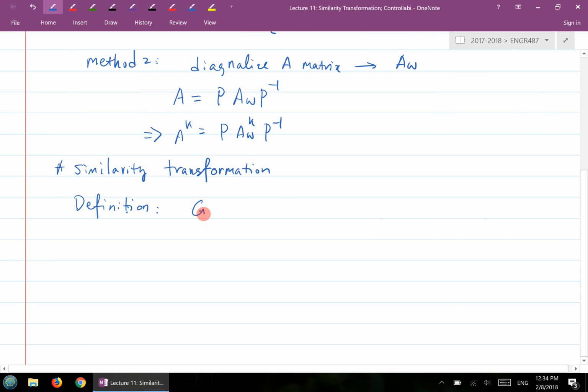I'll use two matrices here to illustrate.